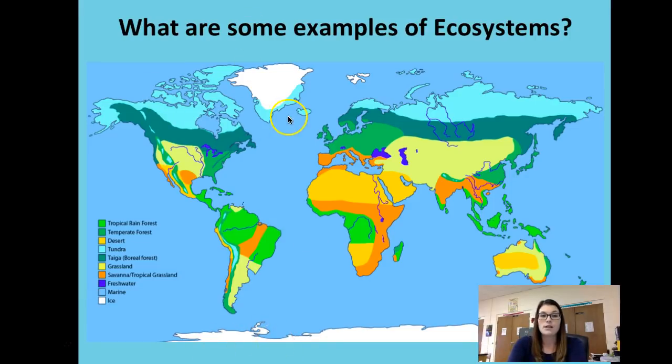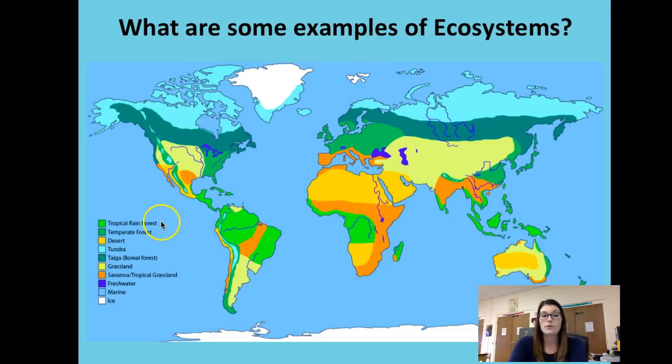If you get into this area, it's still really cold. It's called the tundra. You have more living organisms in the tundra, but still not as many. If we go to the complete opposite and go more towards the equator where it's really, really hot and warm, we have totally different types of ecosystems. This is where you have tropical rainforests and you have deserts and you have grasslands. And all of those ecosystems support different types of life.